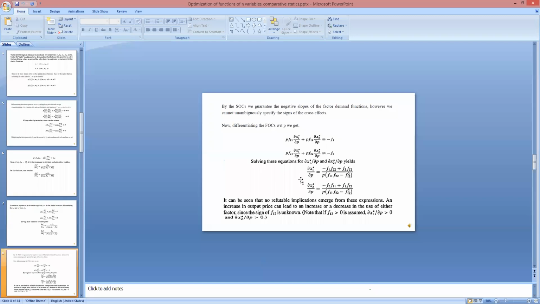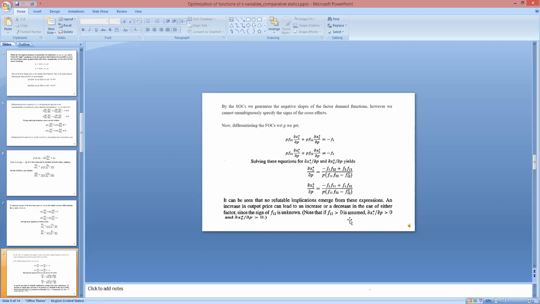That is the optimum input demand if commodity price changes. Now here, again, it is difficult to tell something about the sign of the numerator. The denominator is fine. We are getting the denominator to be absolutely positive. But we have no idea about the numerator.